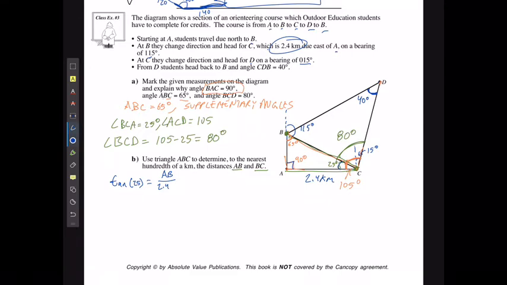Which means that given this, AB is going to equal 2.4 times tan of 25 which is going to be 1.12 kilometers.